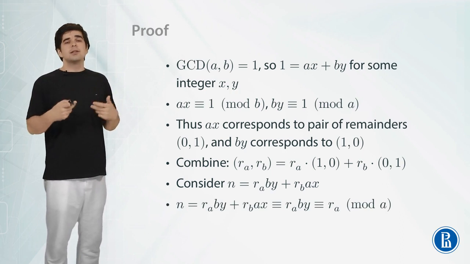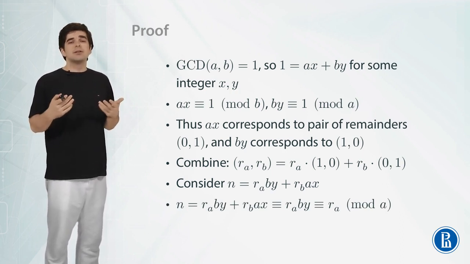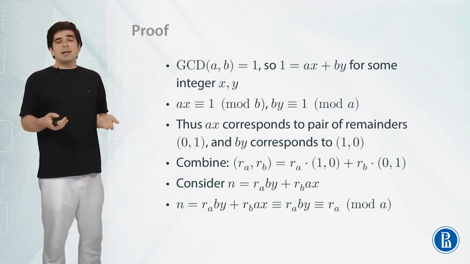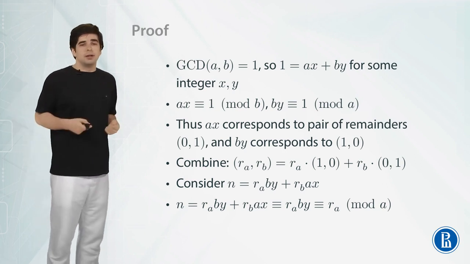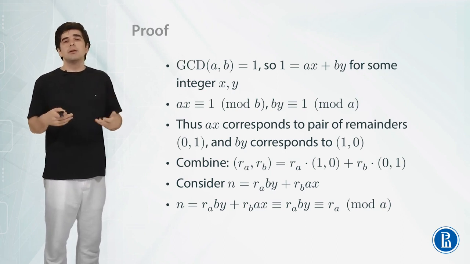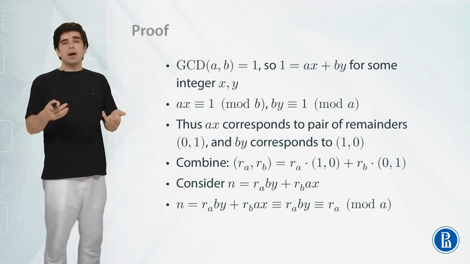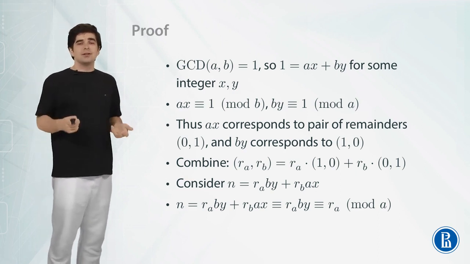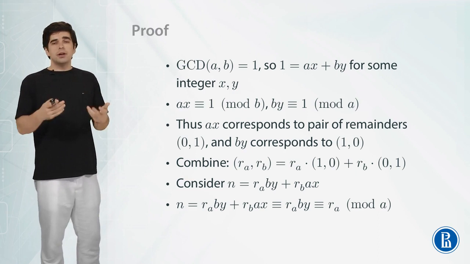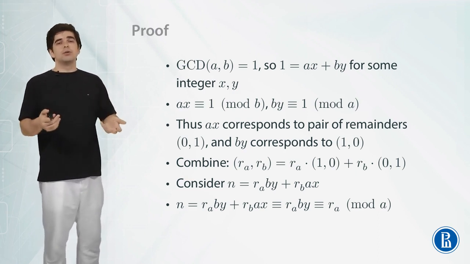So n is a sum of two numbers, and the second number, Rb times a times x, is divisible by a. So it is equal to 0 modulo a. So we only need to look at the remainder of Ra times b times y modulo a. And also we know that by is equal to 1 modulo a, so we can just cancel the terms b and y, and only Ra remains. So n is indeed equal to Ra modulo a.